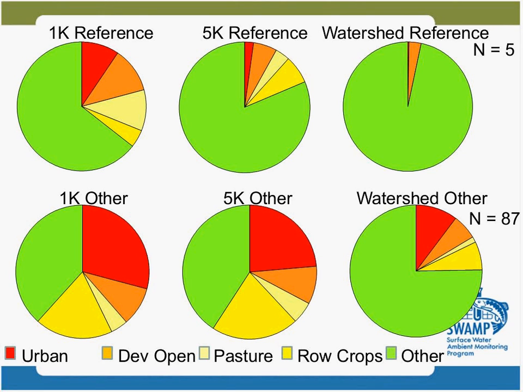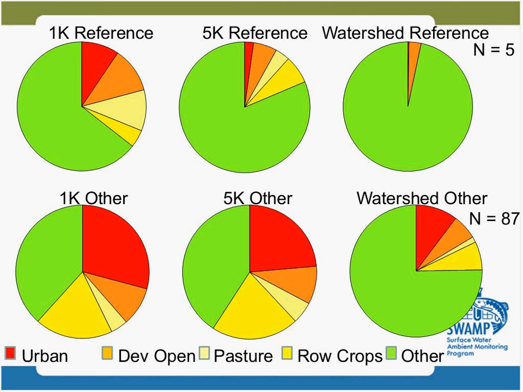Here are the different components of our reference sites on top. The red are the urban areas. The next color, I guess that's orange, is open land, and then we have pasture land, row crop land, and then other, and the other just doesn't fit the other categories. We have the same depictions here for our reference sites from 1 kilometer out to 5 kilometers out to the whole watershed.